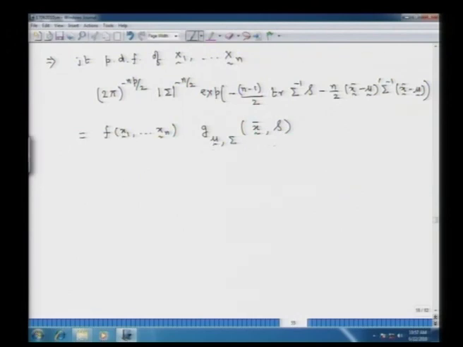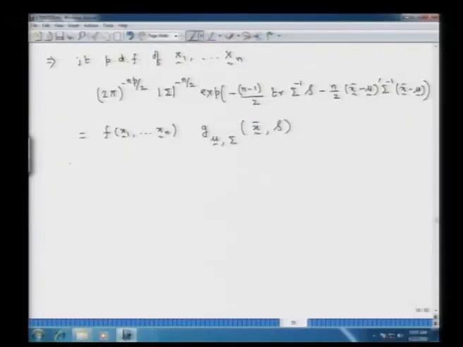The second part is a function of mu and sigma, and it is a function of x1, x2, xn, the random sample, only through x bar and S. So, what are these functions from the joint PDF that we have written here? Let me put a number here, equation number 2.